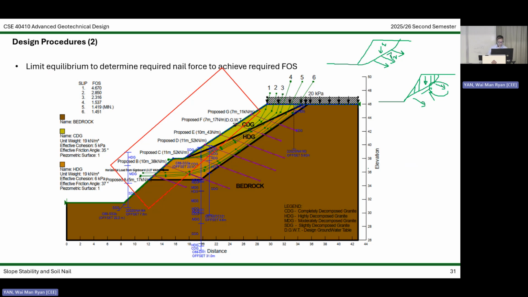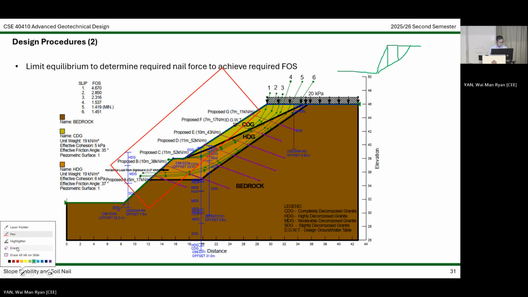So if I make it a little bit more explicit, you will expect to see it like I use the method of slices. So this is a slope, because we don't have sufficient space here. Let's say this is the failure plane. I have the method of slices, so maybe I only have 3 slices to make life simple. Then I have nail force, because I will install nails, I use a different color, at this part.